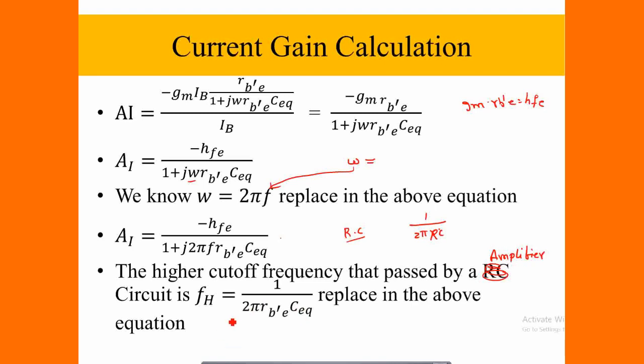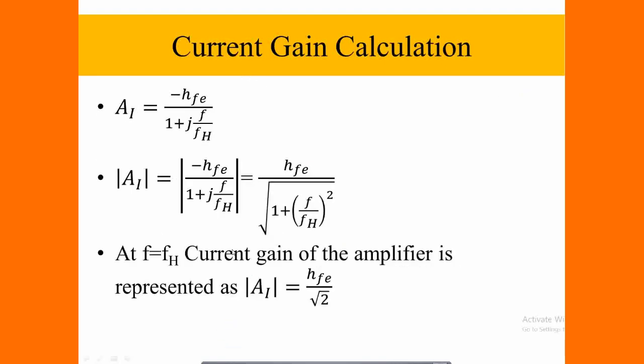Now replace the same fH in the above equation, and the equation has been modified as Ai equal to minus hfe by 1 plus j f by fH. Now apply mod on both sides: mod Ai equal to mod minus hfe by 1 plus j f by fH. On applying the magnitude, the negative component is taken out.